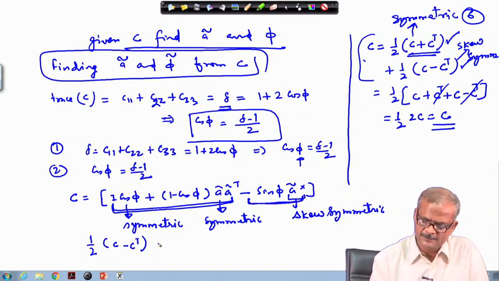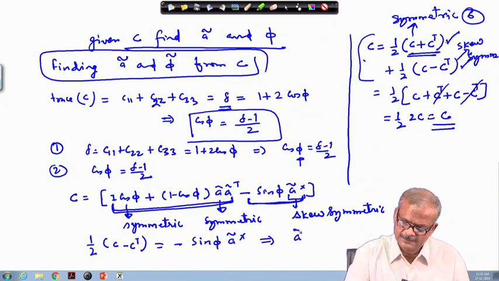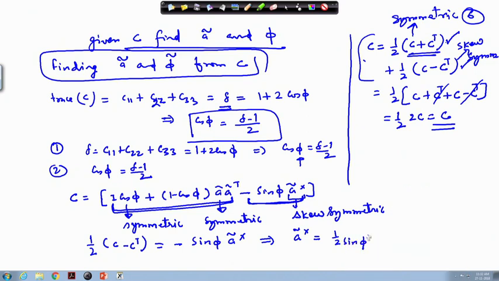So, 1 by 2 times C minus C transpose must be equal to sin phi times A tilde cross, and this implies that A tilde cross we can write as 1 by 2 sin phi times C transpose minus C. So, this constitutes our avenue for finding the expression A1, A2 and A3, but there are certain problems involved which we need to sort out.